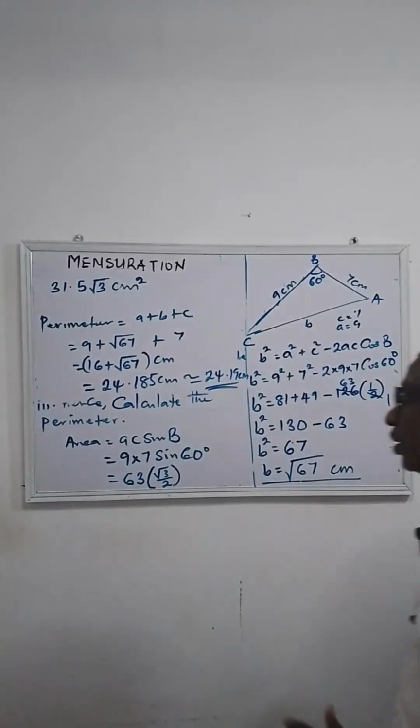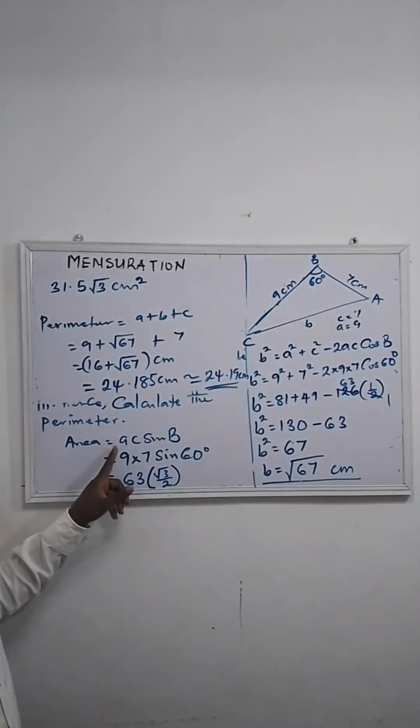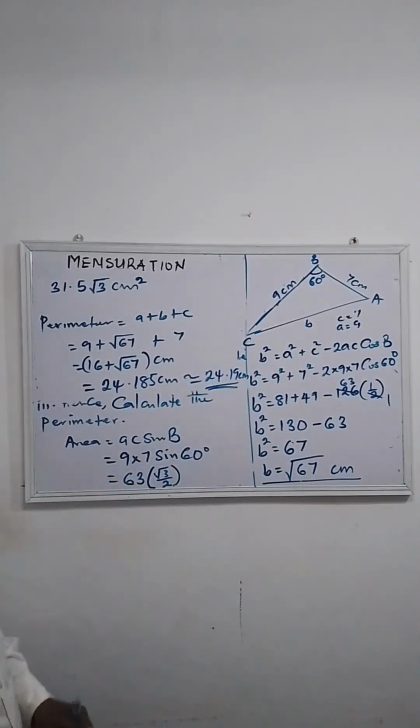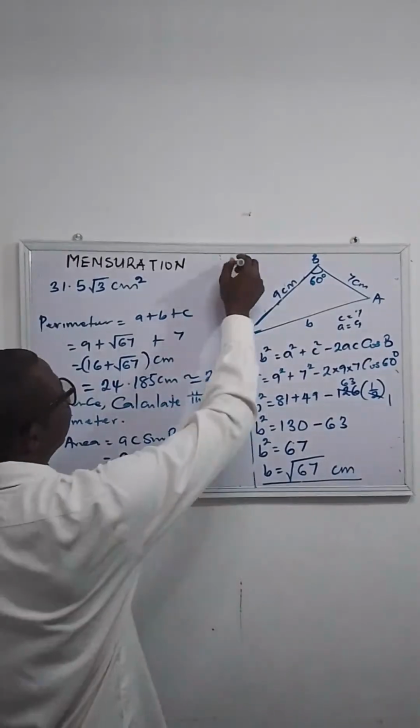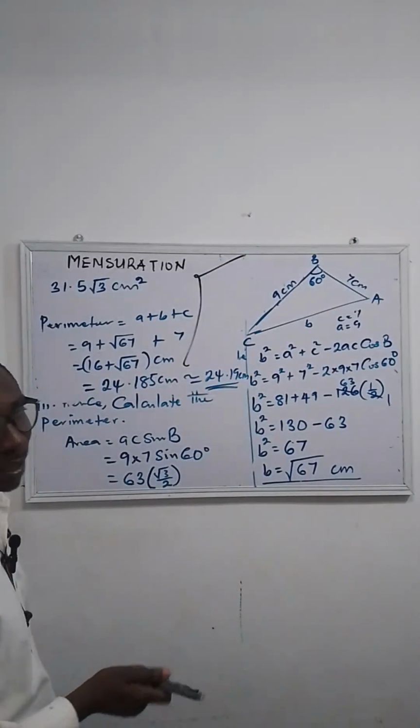Now, this is the formula you are going to use. Area equals AC sine B. I listed the formulas for you initially. I said these are the formulas for finding the area of a triangle.